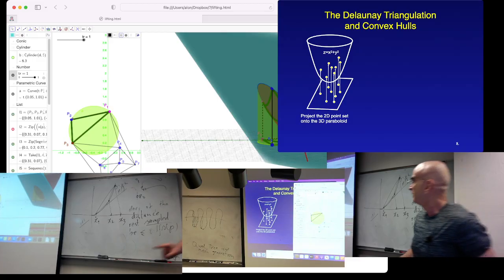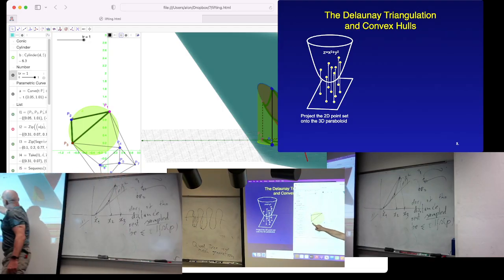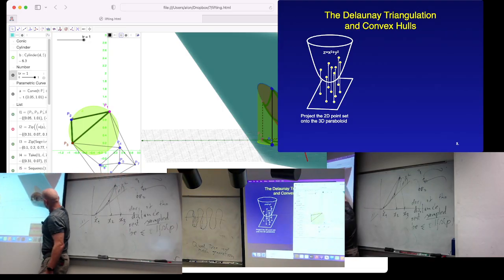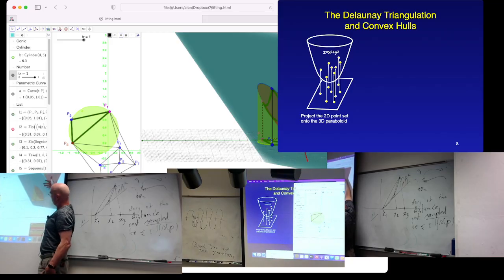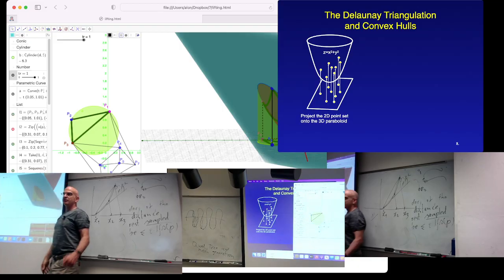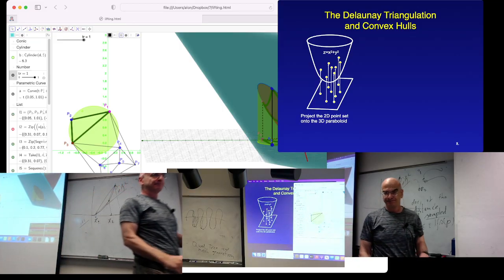I took P1, P2, P3, lifted them into 3 dimensions, into the paraboloid, a single point each, and generated a plane that goes through them, and proof by visualization. Once I made this plane opaque, all the rest of the points that live in 3D all vanished, implying they're all on the other side of this plane.